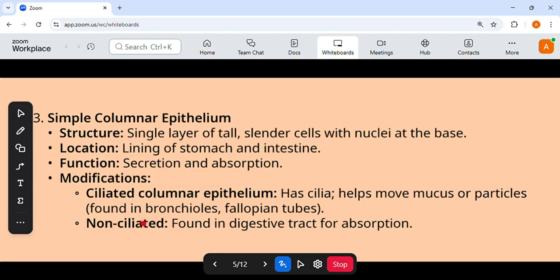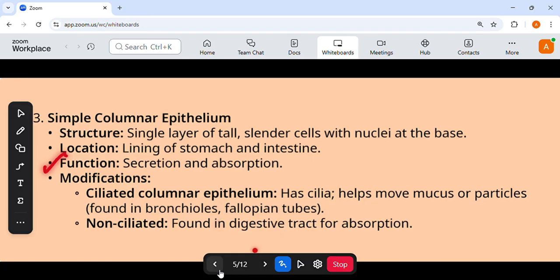We find it in bronchioles and fallopian tube. सो ब्रोंक्यूल्स और फेलोपियन ट्यूब में हमें सिलिएटेड कॉलमनर एपिथेलियम देखने को मिल रहा है, जो कि म्यूकस और पार्टिकल्स को फेलोपियन ट्यूब में ओवा को मूव करने में हेल्प कर रहा है. ओके, नॉन सिलिएटेड एपिथेलियम भी हमें देखने को मिलते हैं, जो कि डाइजेस्टिव ट्रैक में प्रेजेंट है फॉर द अब्जॉर्प्शन, लाइक जीआई ट्रैक में. क्लियर? फॉर सेक्रीशन एंड अब्जॉर्प्शन प्रोसेस.